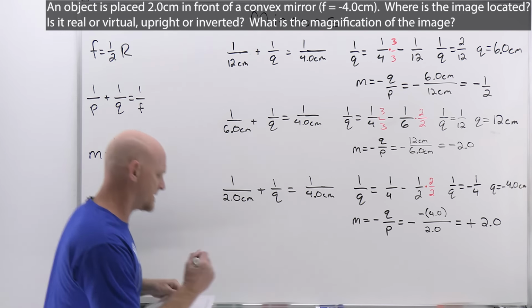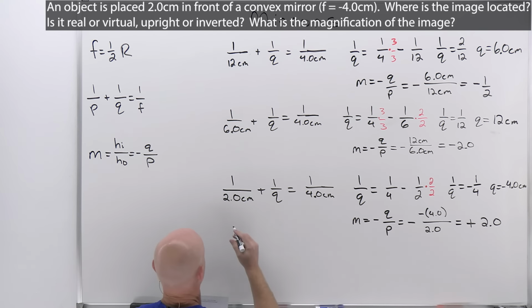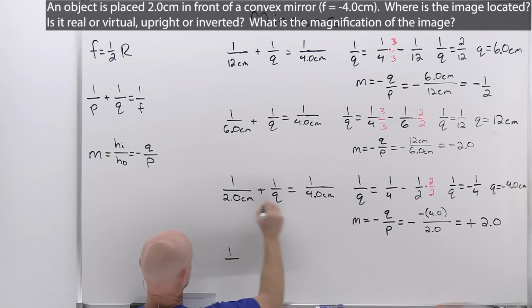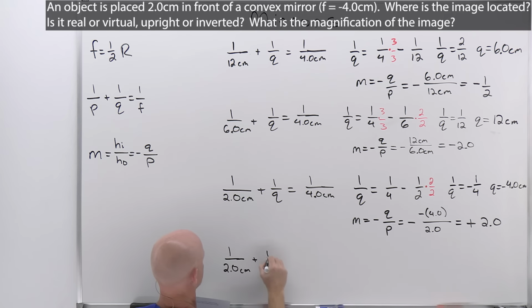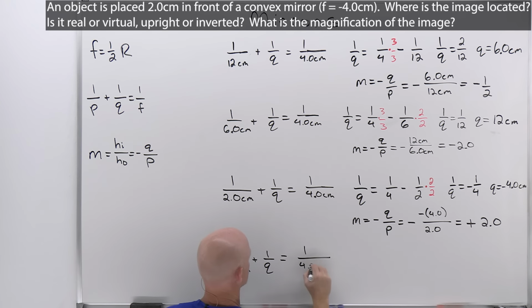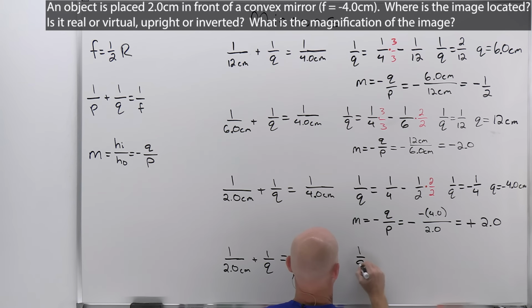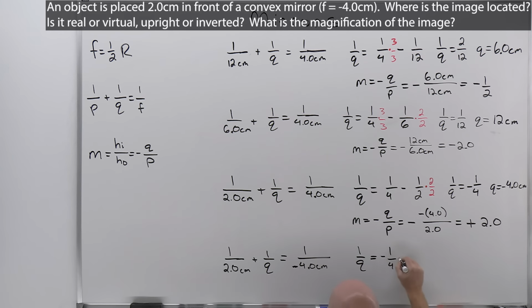All right, so let's do some plugging and chugging here. So 1 over p, and once again, it should look pretty similar to this last calculation here. So 1 over 2.0 centimeters plus 1 over q equals 1, not over 4.0 centimeters, but over negative 4.0 centimeters. And so in this case, we're going to have 1 over q equals negative 1/4 minus 1/2.